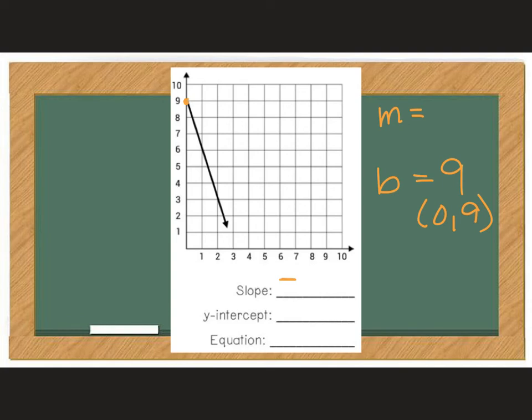Now m, our slope, I need to find 2 points that intersect, so we'll use this one, which is our y-intercept. I know it's negative, so my rise is 3 and the run is only 1. So when I simplify this, this is -3 for our slope. The y-intercept is 9, so when I write my equation, y equals -3x plus 9.